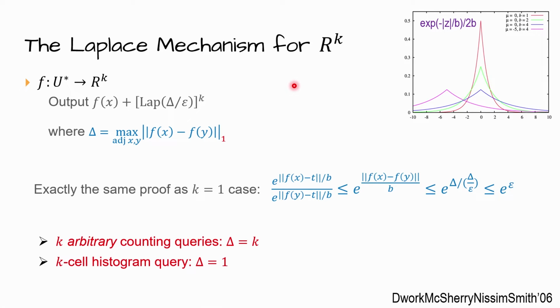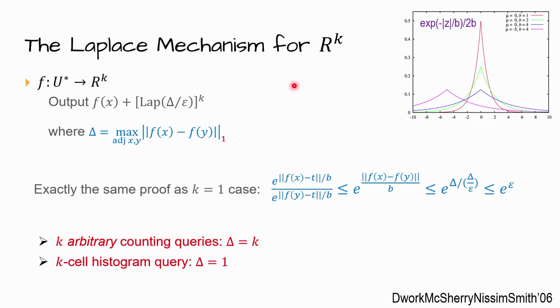So this tells us a few things right away. First of all, if we fix, say, k arbitrary counting queries: how many people in the database like to play the violin? How many people in the database like to eat pasta? How many people in the database go jogging once a week or something like that? Okay, so k arbitrary counting queries.